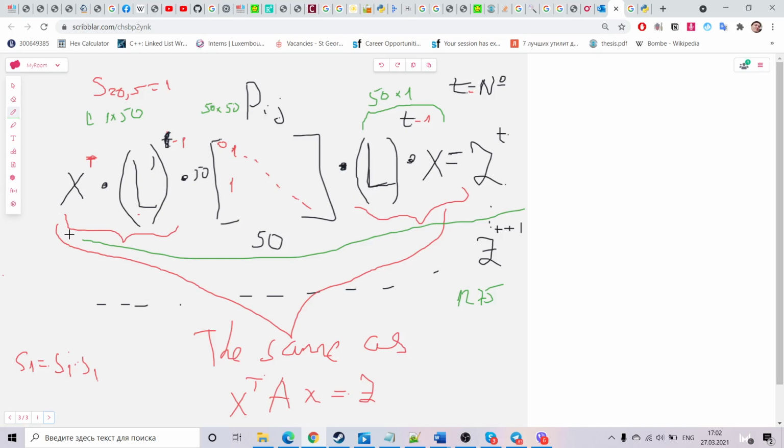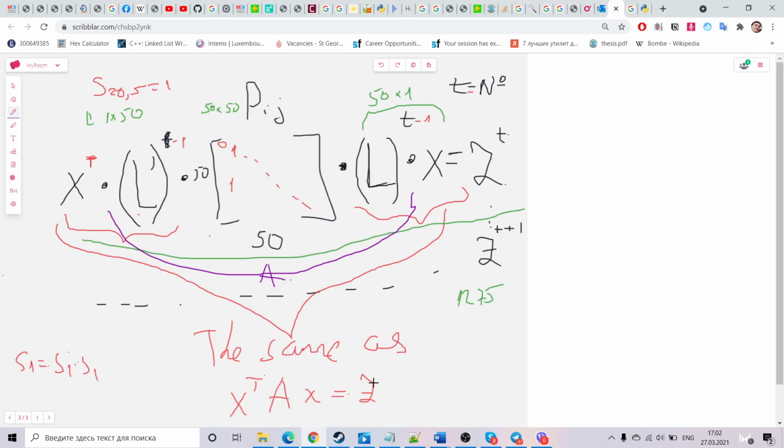I understand that we can, for example, multiply these three matrices, and it will be an equation in the form x_t transposed multiplied by A and multiplied by x equal to z.